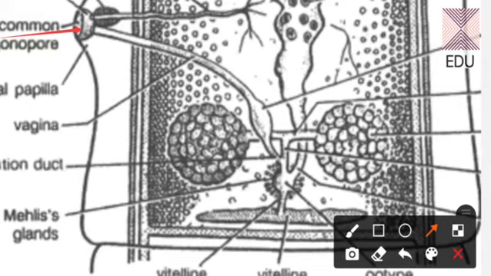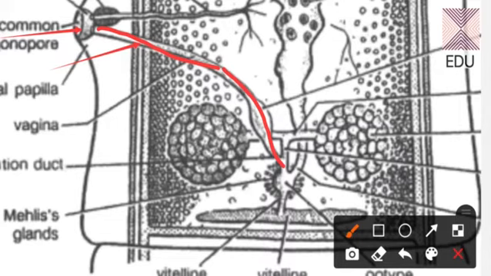The cirrus of some other proglottid will inject the sperms into the vaginal duct. So these sperms will be carried down from this vaginal duct up to the oviduct.